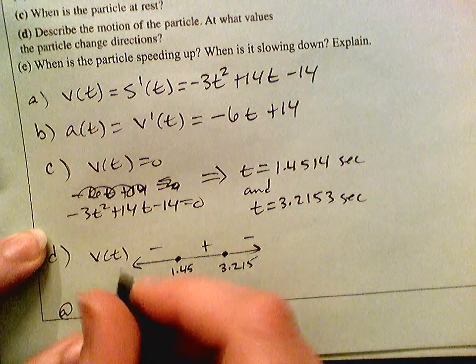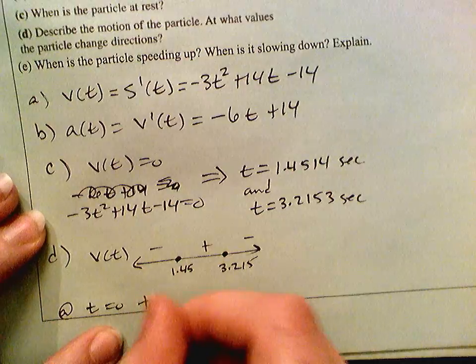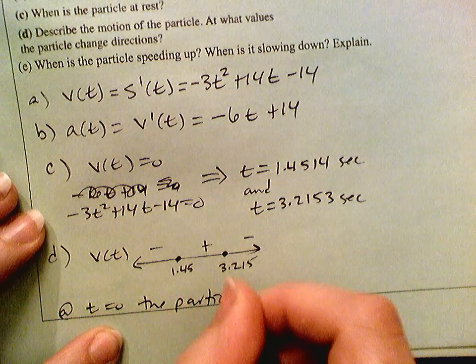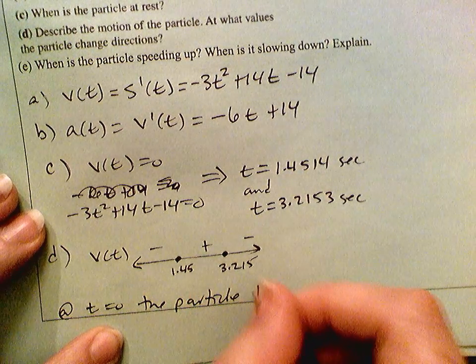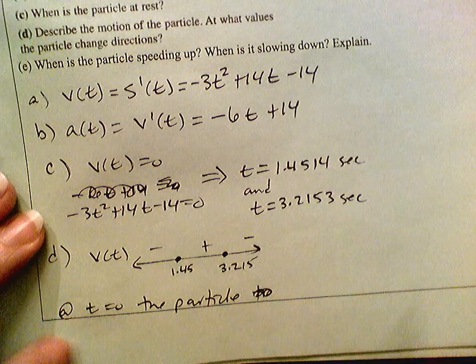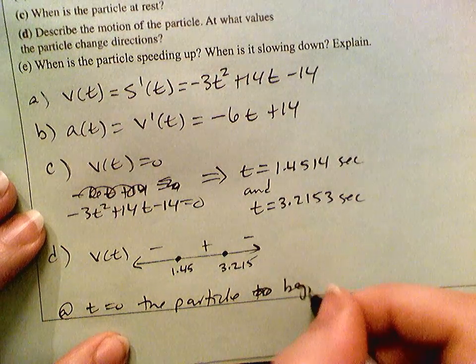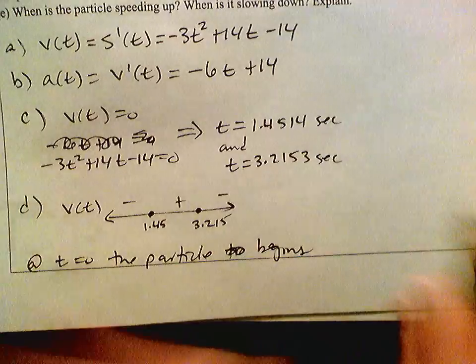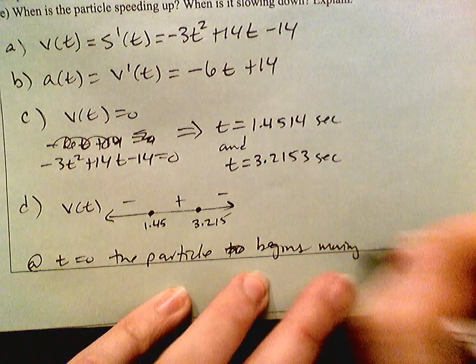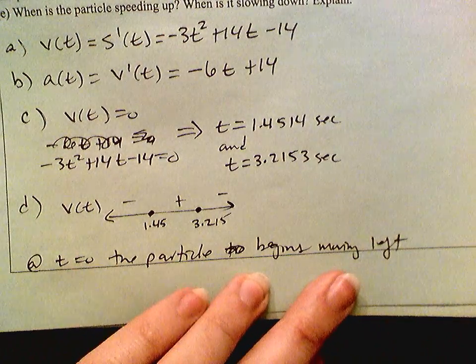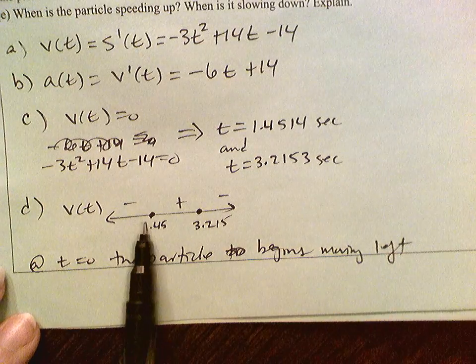At t equals 0, the particle begins moving left, because it's negative on that interval.